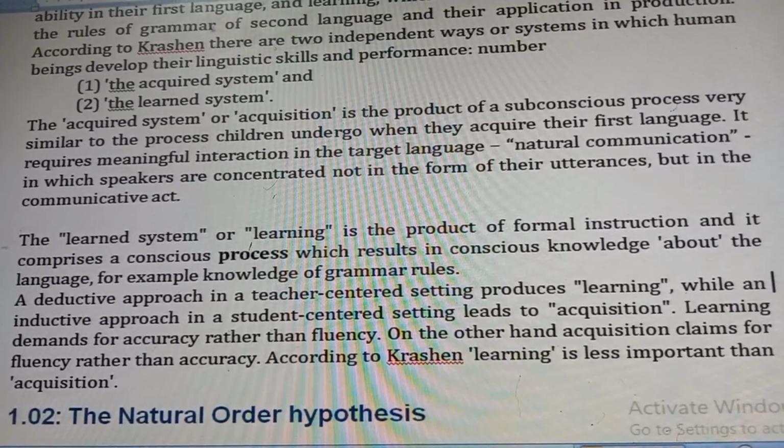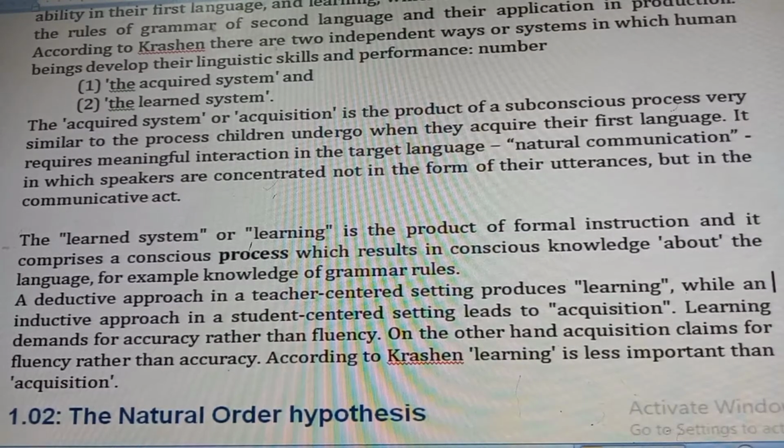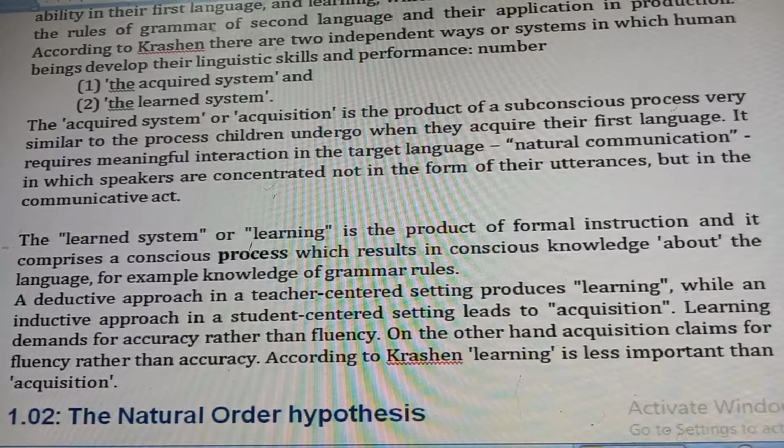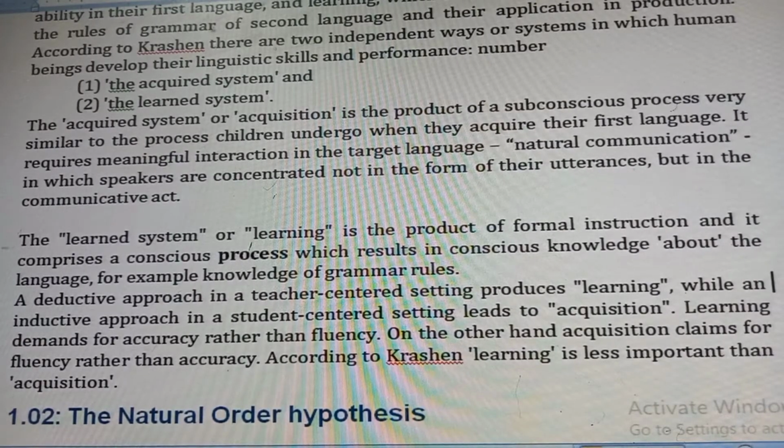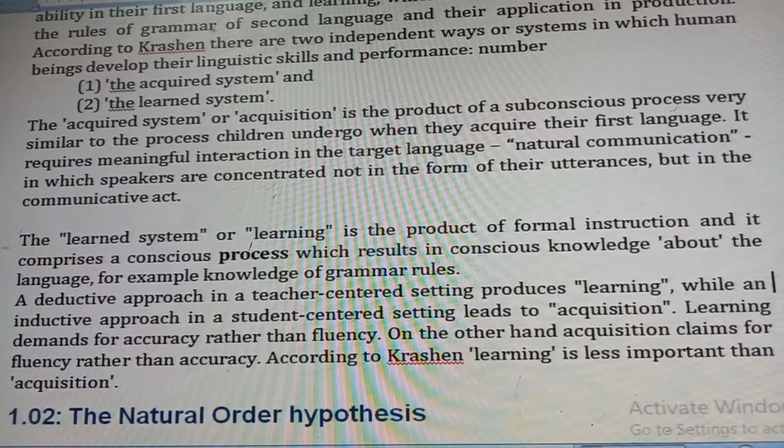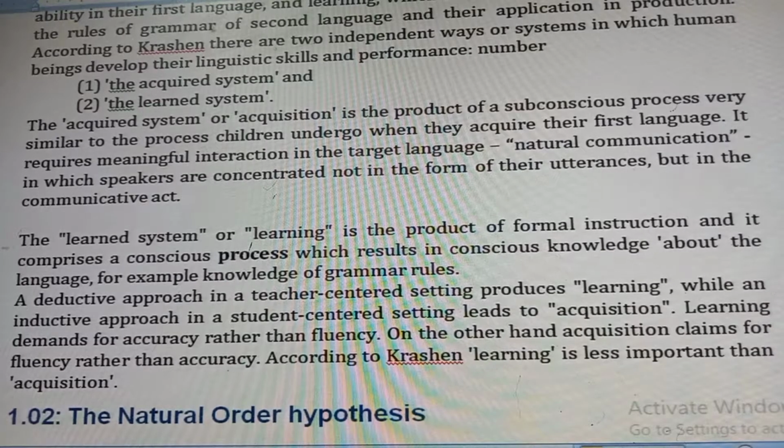A deductive approach in a teacher-centered setting produces learning, while an inductive approach in a student-centered setting leads to acquisition. Learning demands accuracy rather than fluency. On the other hand, acquisition calls for fluency rather than accuracy. According to Krashen, learning is less important than acquisition.